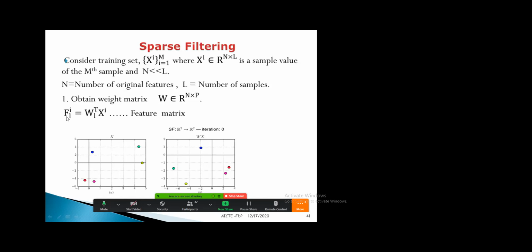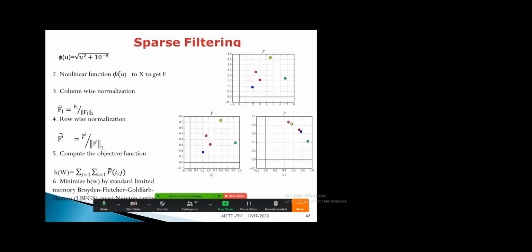Now what happens is that we have to apply a nonlinear function so that sparsity gets introduced. Otherwise the features are not sparse.